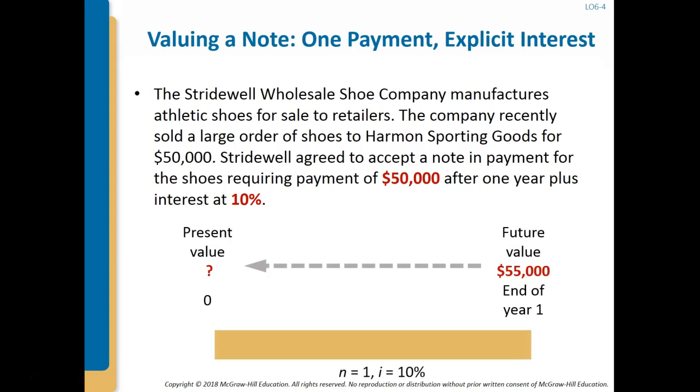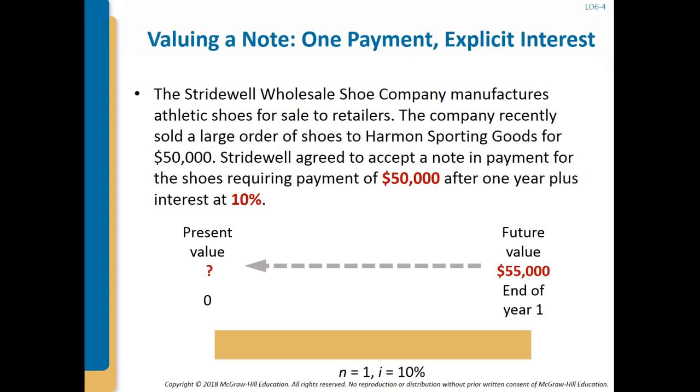Stridewell Wholesale Company sold a large order of shoes to Harmon Sporting Goods for $50,000. Stridewell agreed to accept a note in payment for the shoes, requiring payment of $50,000 in 1 year plus interest at 10%. How should Stridewell value the note receivable and corresponding sales revenue earned?